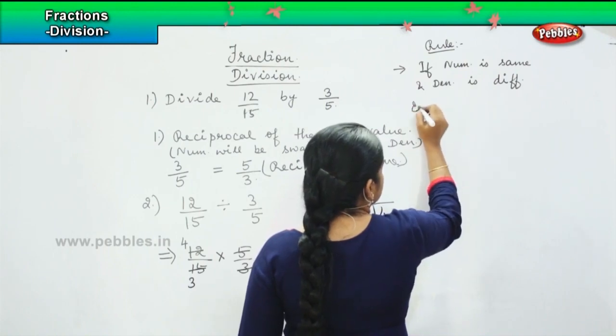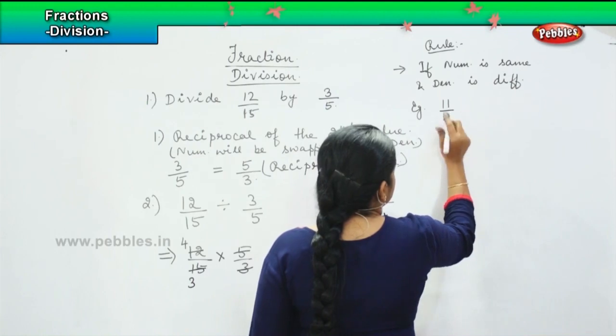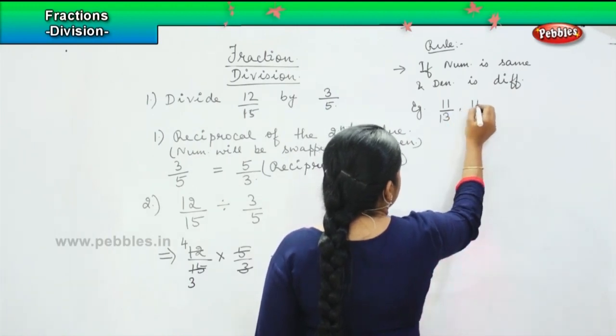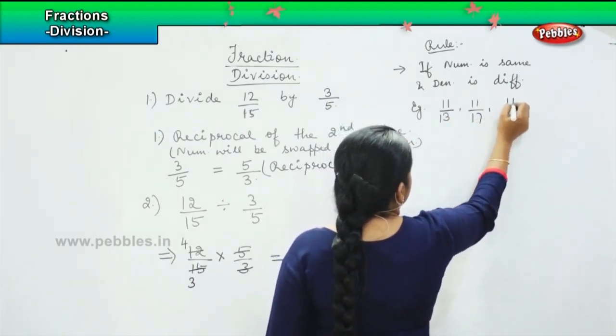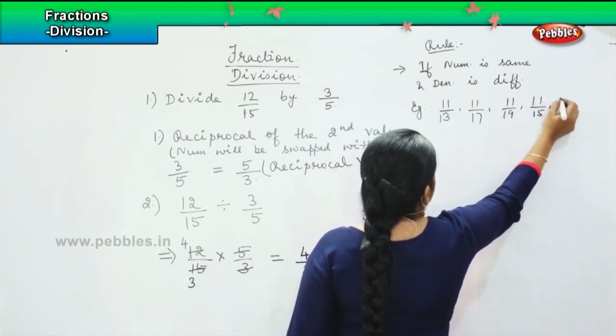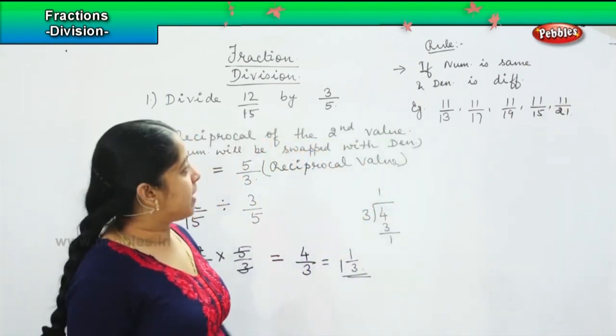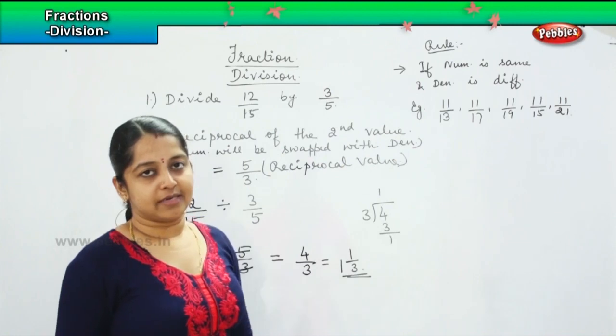For example, if it is say 11 by 13, 11 by 17, 11 by 19, 11 by 15, 11 by 21. Okay. So, my numerator is the same, denominator is different.